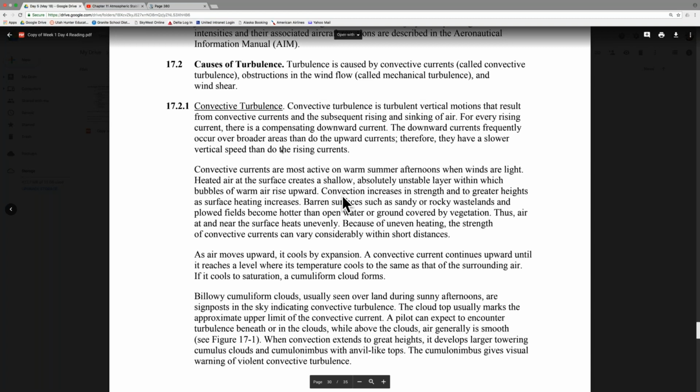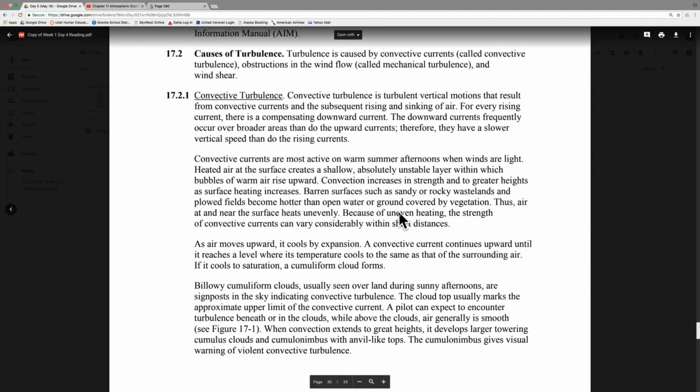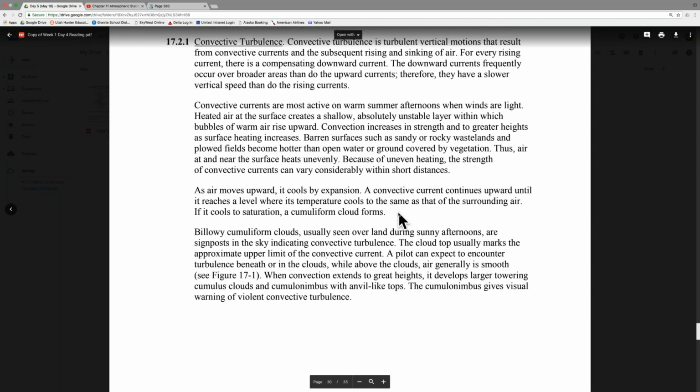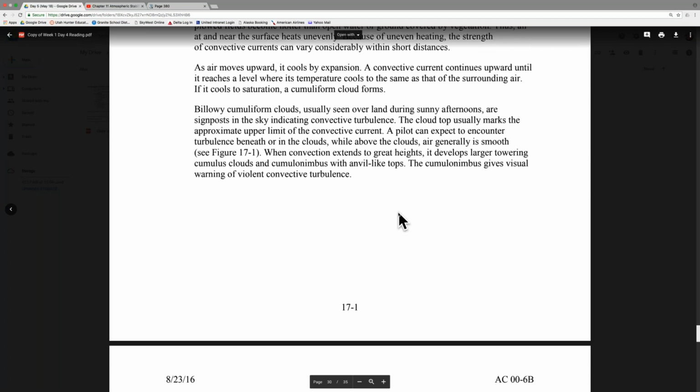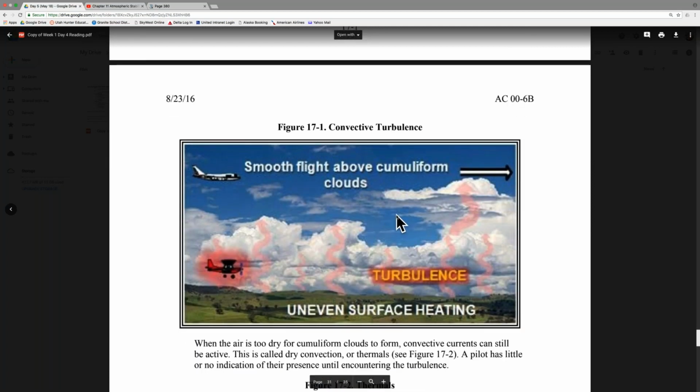Sometimes it'll occur in clear air where there's not any cloud cover. But most of the time there's going to be some weather that's going to indicate we're probably going to experience some bumps. And it's just that uneven heating of the Earth's surface that causes this. Like I said before, a lot of this is occurring near or around these cumuliform clouds.